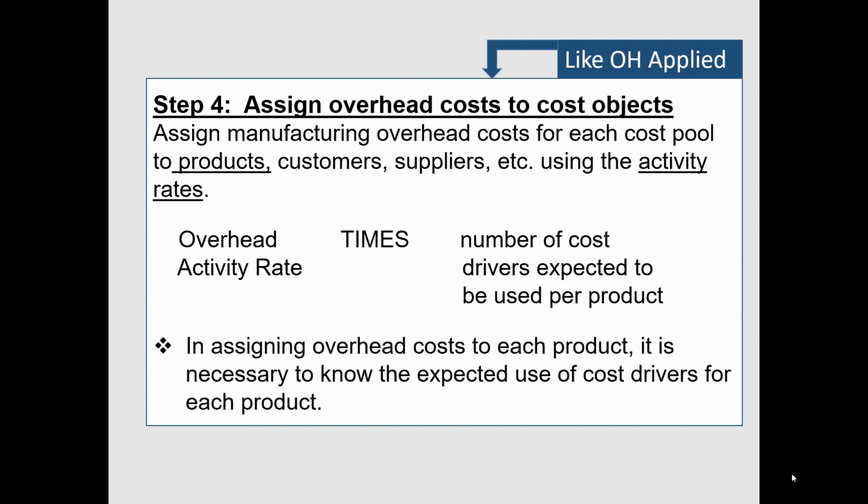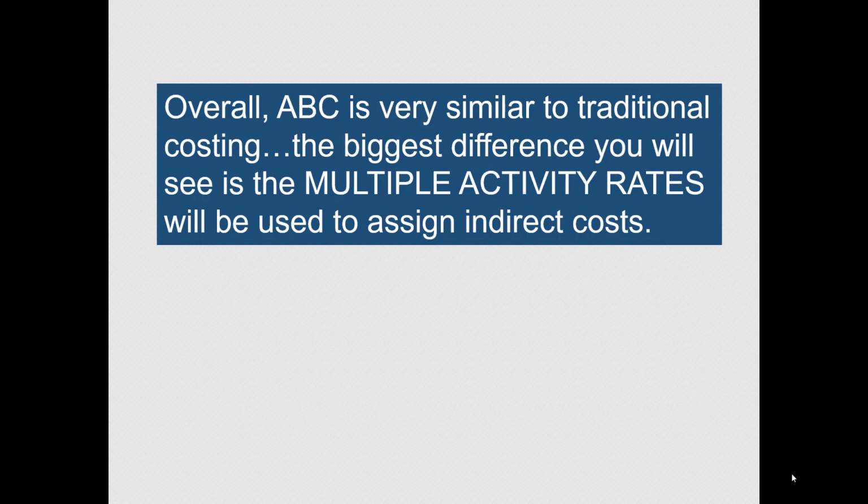So you will need to know the expected use of the cost drivers for each of your product lines if you're going to allocate costs in this method. So overall, ABC is very similar to traditional costing. The biggest difference is that you will use multiple activity rates to assign indirect cost to inventory. Now let's work some examples.